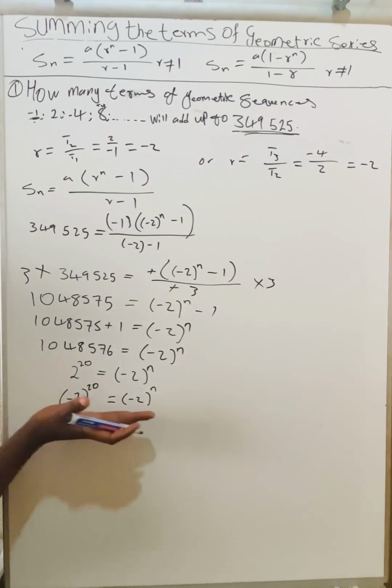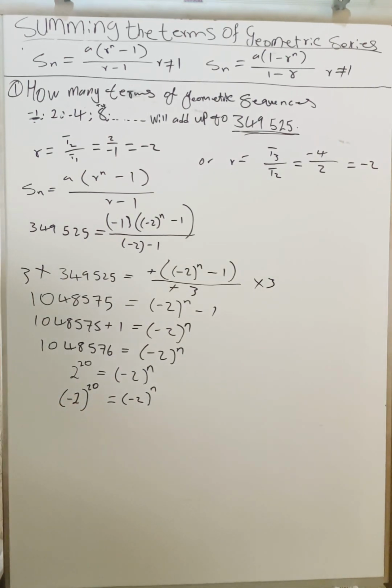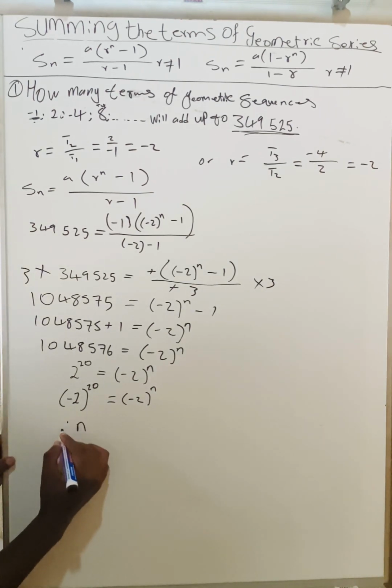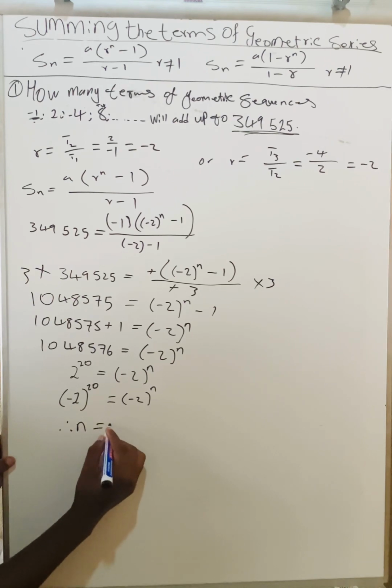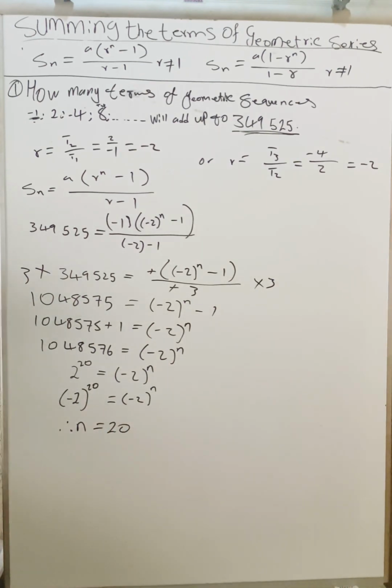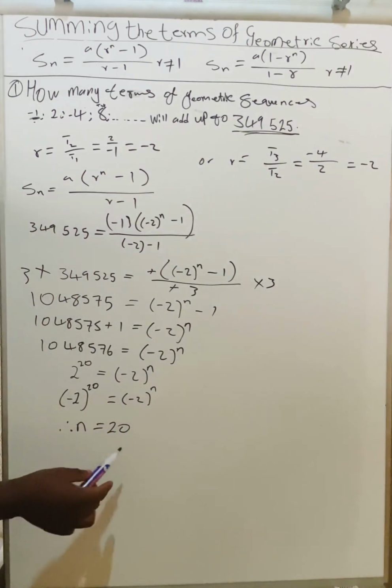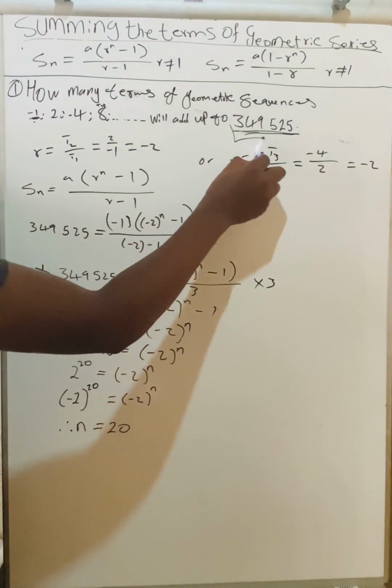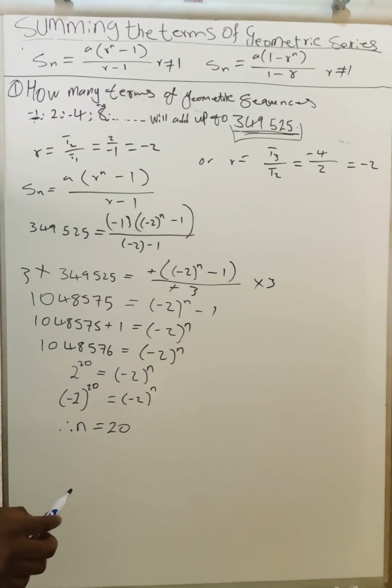From here you see that these are the same, so you equate the exponents, and you're left with n. Therefore n is equal to 20. It means 20 terms. When we add them from 1 up to 20, they will give you this value. You get it?